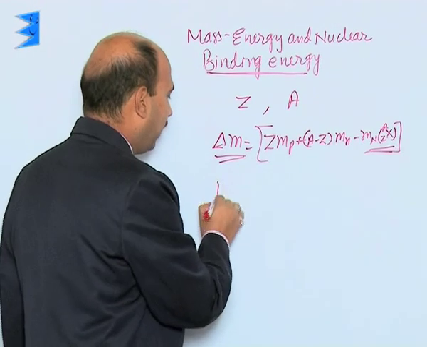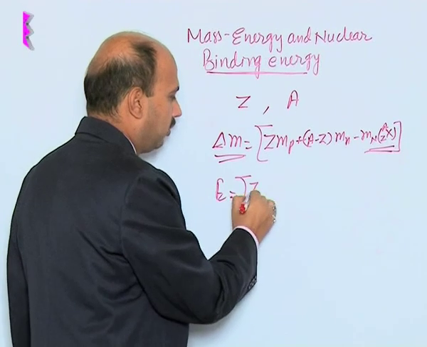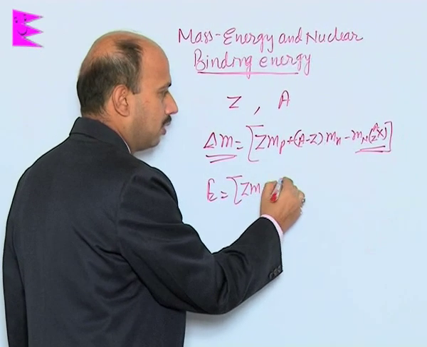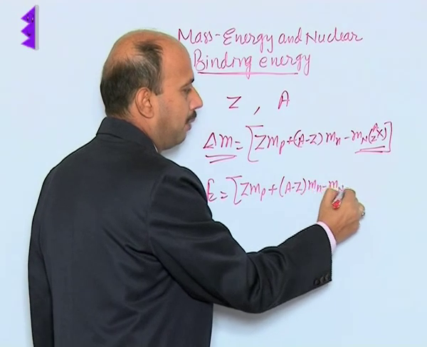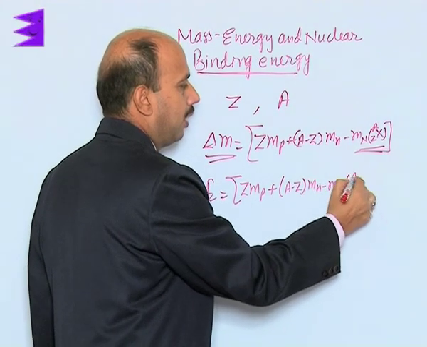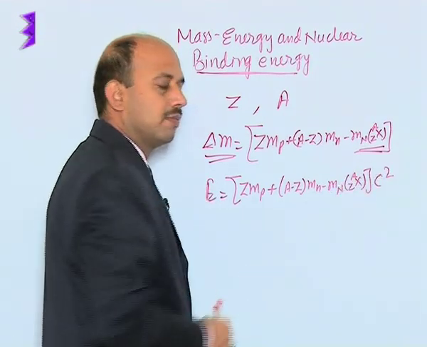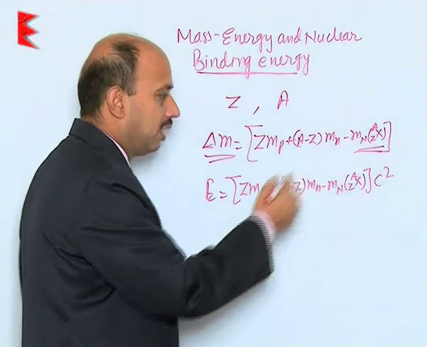The energy is then (Z Mp plus (A minus Z) Mn minus the mass of the nucleus) into c square. This is the energy released in joules.